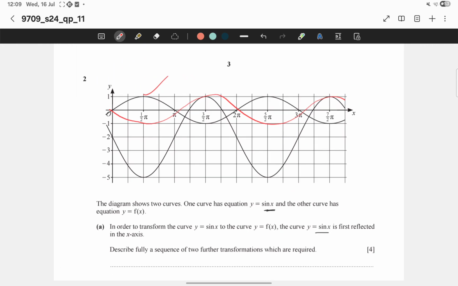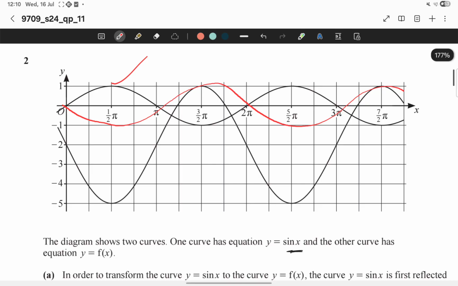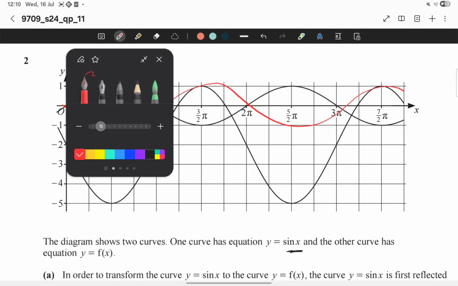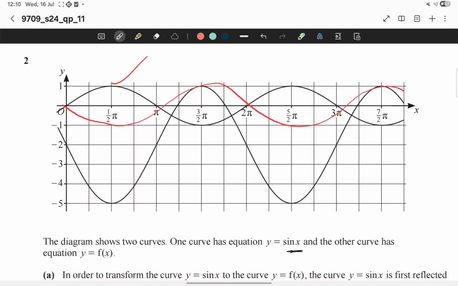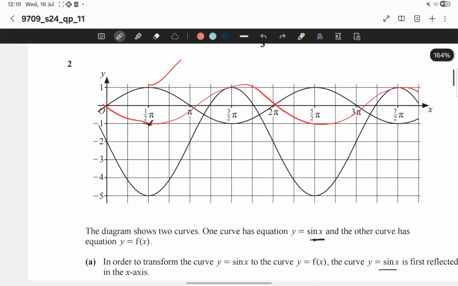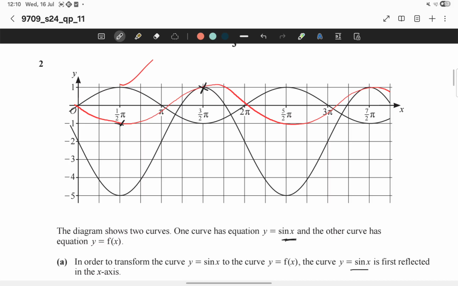Then it says describe fully a sequence of two further transformations, apart from the reflection in the x-axis, which are required, right? If we look at this, the question is just asking us to write transformations from this red graph to this one, to f of x, right? And so to do that, we're going to consider this point and this point to do our calculations.